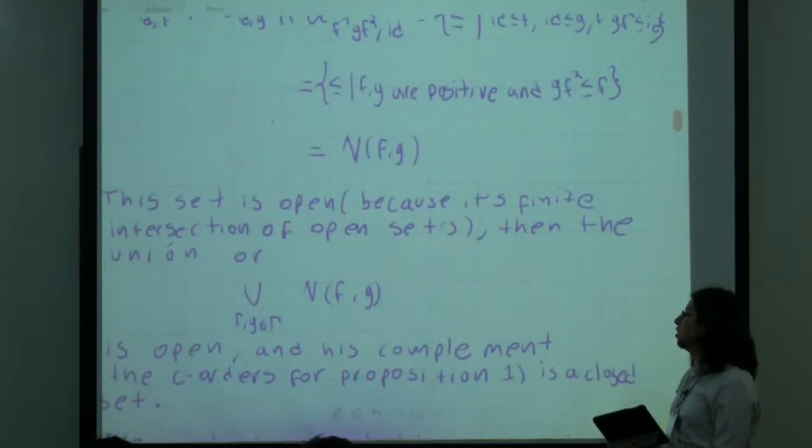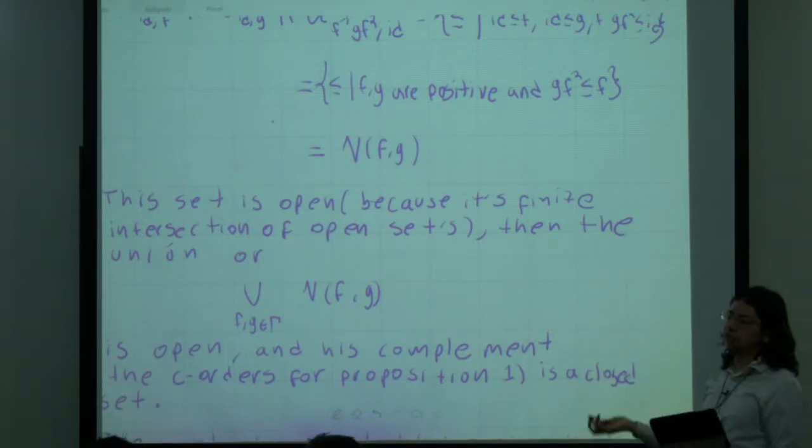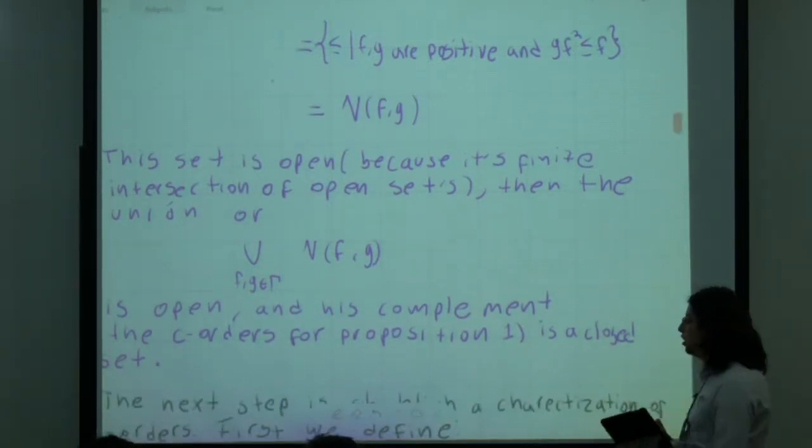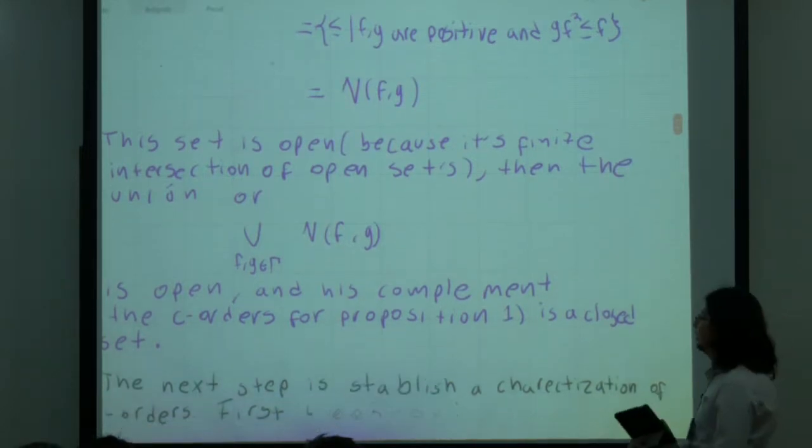So the Conrad orders must be a closed set in the space of all orders, right? Okay. Questions so far? Okay, thanks.